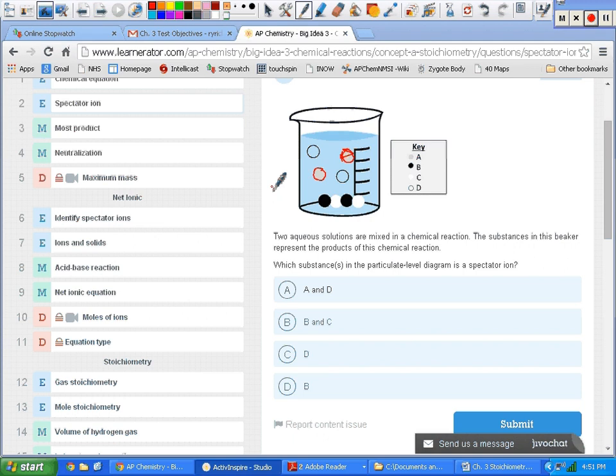Which substances in the particulate level diagram is a spectator ion, which means they do not form solids? So which two can we knock out that are not solids? The black and white, which means B and C are out, which means A and D are floating. So the correct answer there is A. That was easy. Okay. This is the last particulate that I want you to see, I think.